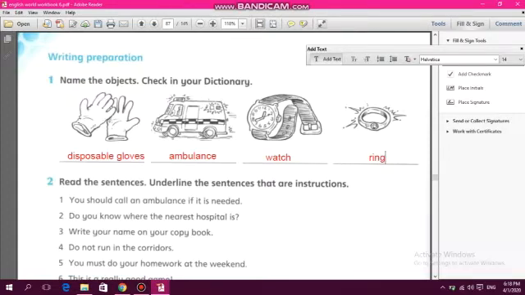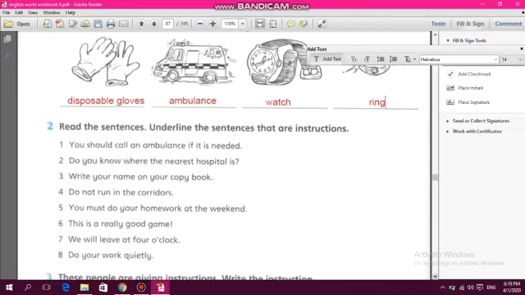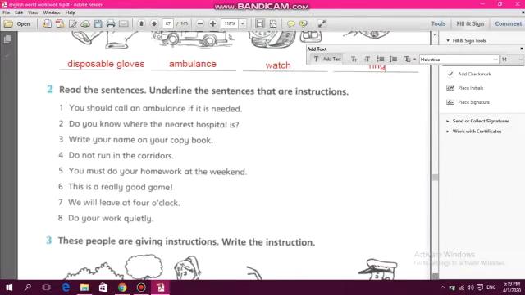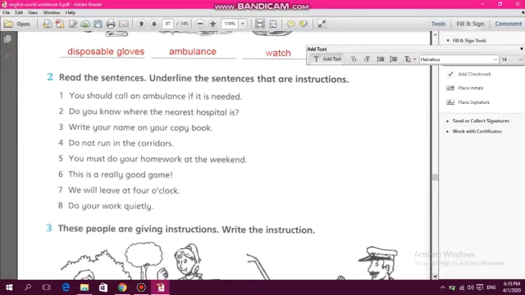Number 2, read the sentences, underline the sentences that are instructions. If you want to make an instruction, of course you should start with the verb. As we told you before, if you want to make an instruction, تعطي تعليمات, لازم نبدأ بالفعل. ممنوع أنا أعطي instruction من دون ما أنا أبلش بالفعل. لأنه instructions like imperatives and commands, يعني زي الأمر. لهيك إحنا instruction لازم تبلش بالفعل.